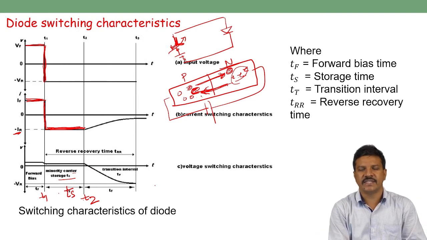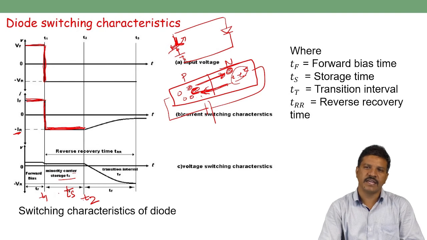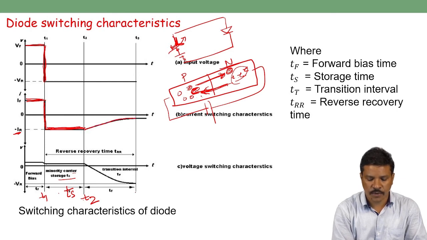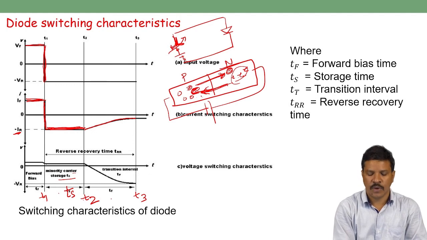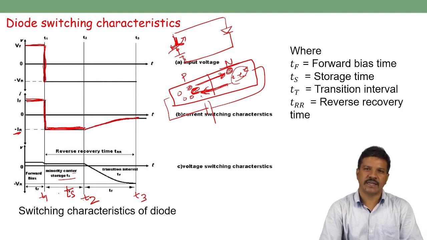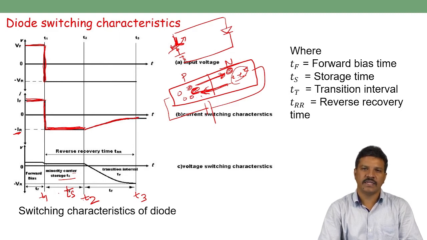The current slowly decreases from T2 to T3, then it reaches steady state and the diode becomes reverse biased. There is no current flow in the PN junction diode.